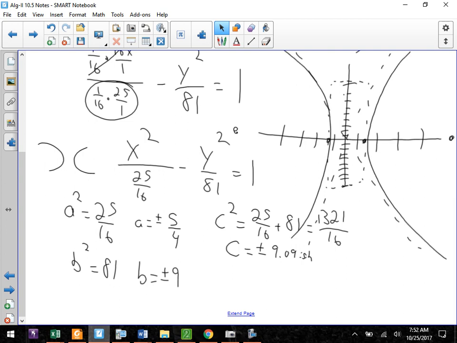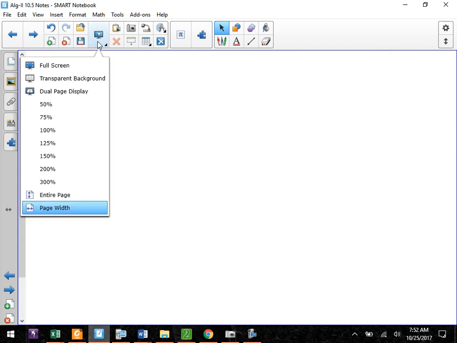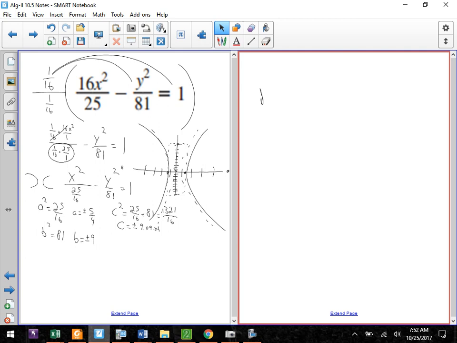Our slopes went up 9 over 5/4. So our slope is 9 divided by 5/4. You can use this as a complex fraction.